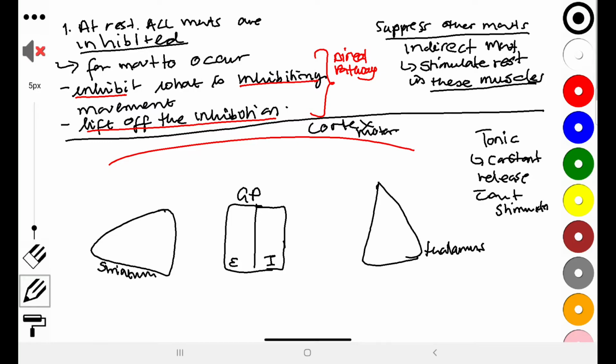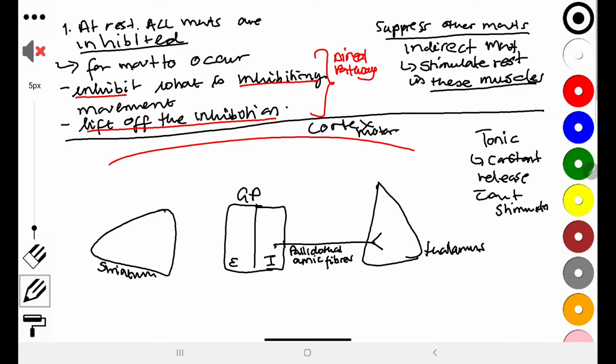The tonic fibers are the fibers that come from the globus pallidus internus and go to synapse onto the thalamus. So because it's coming from the globus pallidus and going to the thalamus, we are calling these the pallidothalamic fibers.